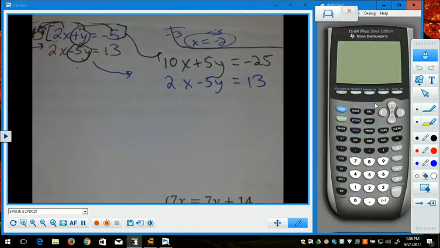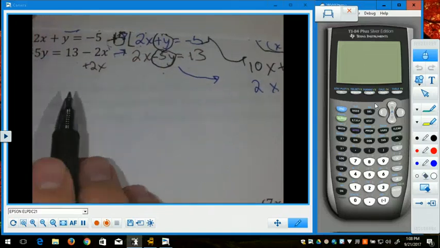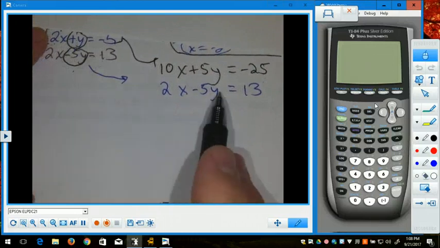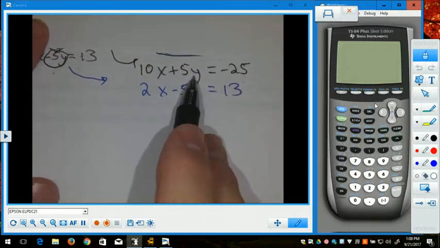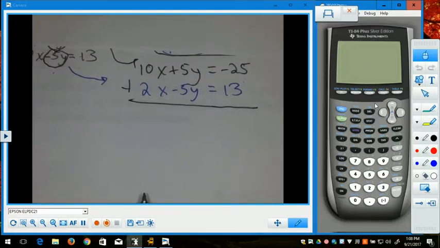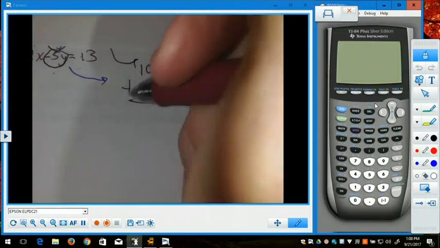Well, now that I've taken these equations, the first thing we did was put them in standard form. Now we targeted y, and we got the y's to be opposite values. So now I can add the two equations together. And you don't have to target y. You could have targeted x, but I chose to target y.